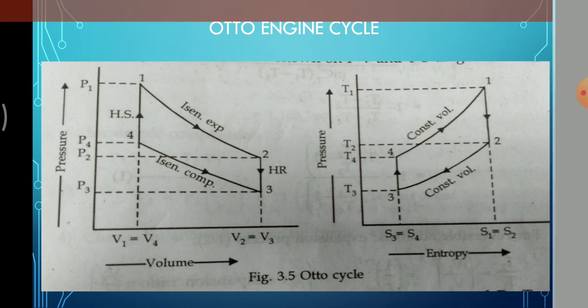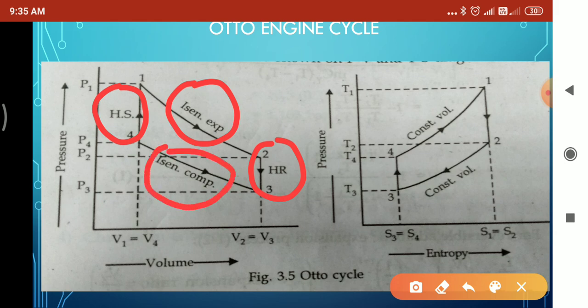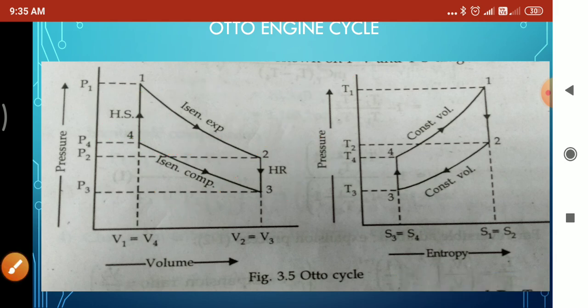Here HS means heat supplied, HR means heat rejection, then isentropic expansion and isentropic compression. And this is not pressure, this is temperature, there is a correction. See, this is called the Otto engine cycle.